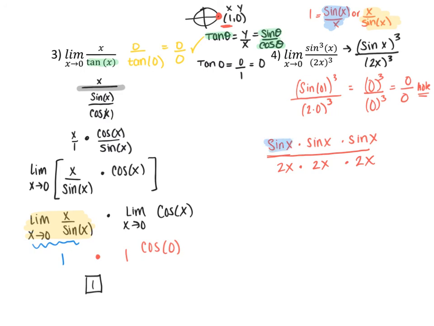We have this sine x over x, we have this sine x over x, and then we have this sine x over x. So we actually can break it up into 3 different fractions. So we have sine x over x times sine x over x times another sine x over x.